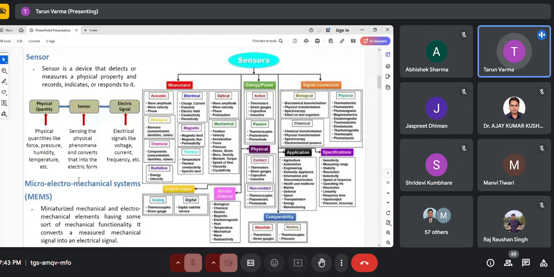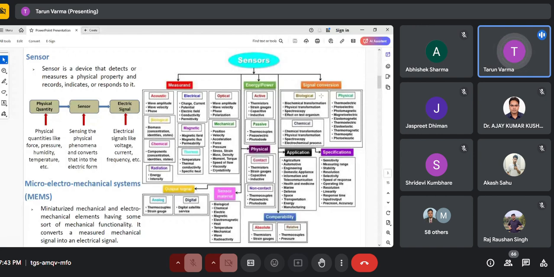These are the brief classification of those sensors. What has to be measured is acoustic, electrical, optical, biological, magnetic, or chemical. These are the basic measurements. And the energy or the power has to be measured with the help of thermistors, strain gauges; they may be capacitive, inductive, or passive as well, thermocouples, piezoelectric, or photodiodes.